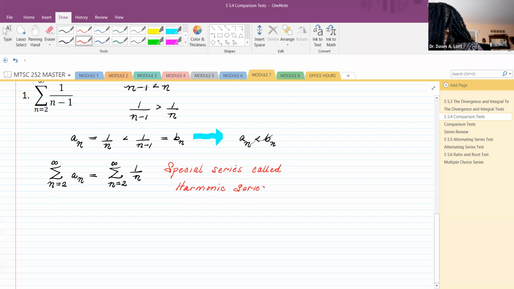And what do we know about the harmonic series? We proved this using the integral test. Does the harmonic series converge, diverge, or we don't know?